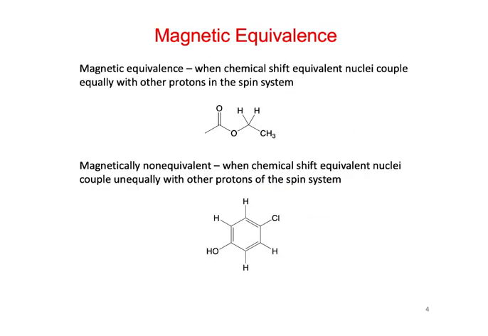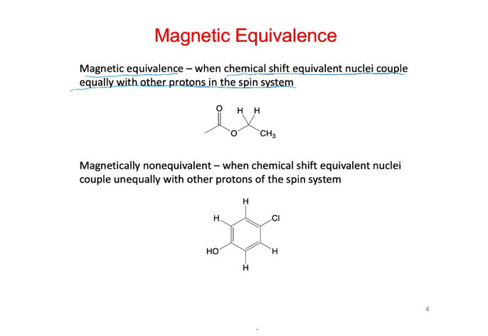All right, so there's one more thing that can cause a second order coupling that's a little bit different than what we talked about already. And this has to do with what's called magnetic equivalence. Magnetic equivalence is when we have chemical shift equivalent nuclei coupling equally to the other protons in the spin system.